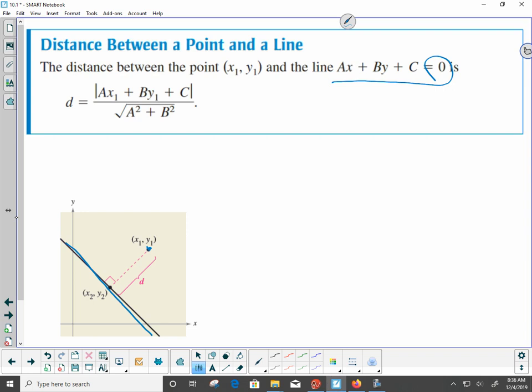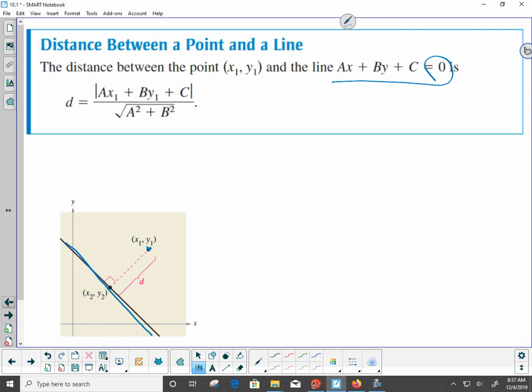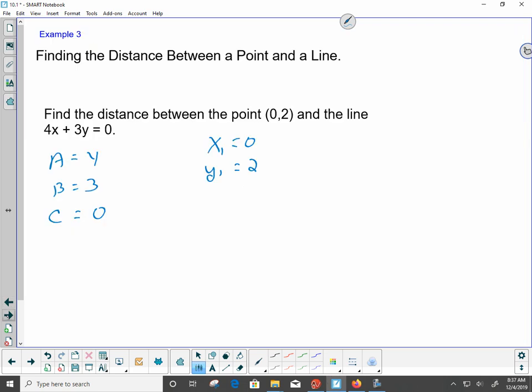Let's do one. I want to find the distance between the point (0, 2) and the line 4x plus 3y equals 0. So just to be clear, my a is 4, my b is 3, my c in this case is 0, my x sub 1 is 0, my y sub 1 is 2. The distance will be a positive number, that's why the absolute value sign is there.